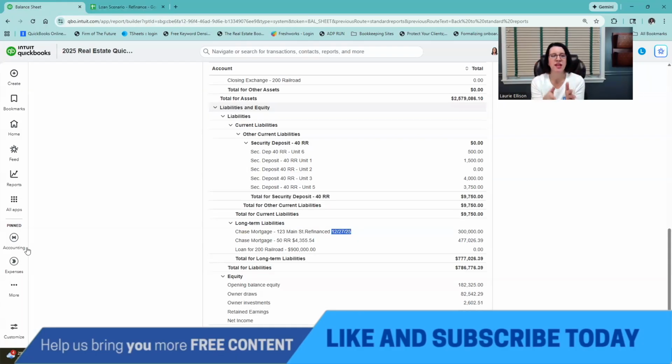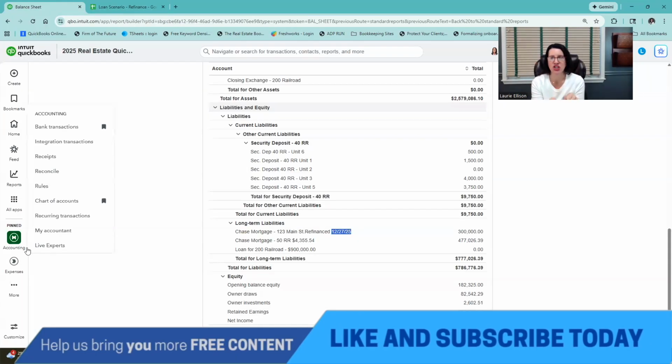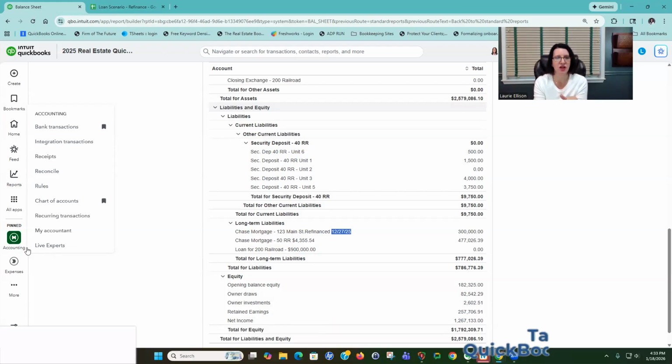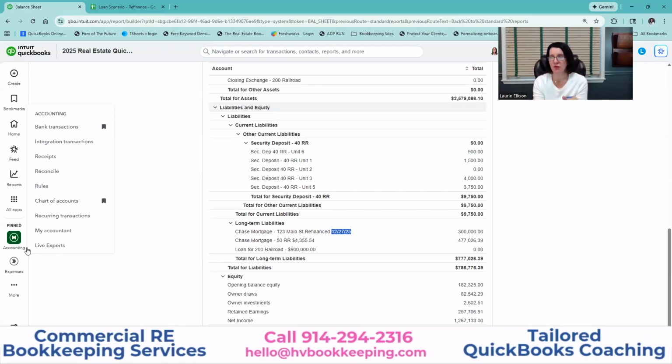What I told you in the beginning is that I use an exchange account, and I'll explain why. A lot of times you will pay money, let's say part of your loan fees, before they will even do the loan, right? So you might have to pay $5,000 to the bank 2 months before the closing. So it's hard if all of these transactions are happening in and outside of closing.